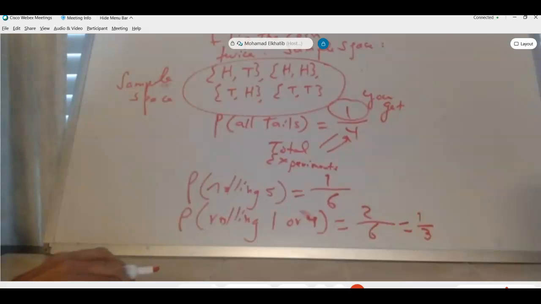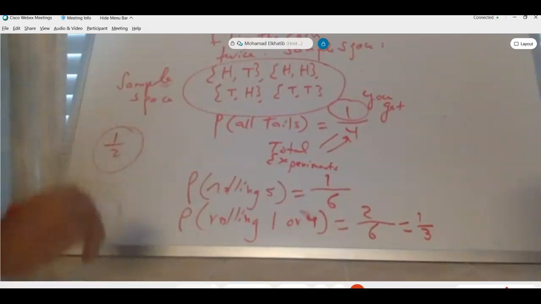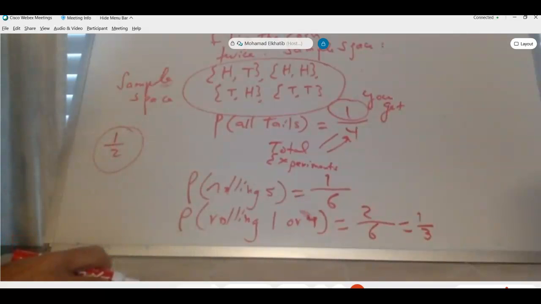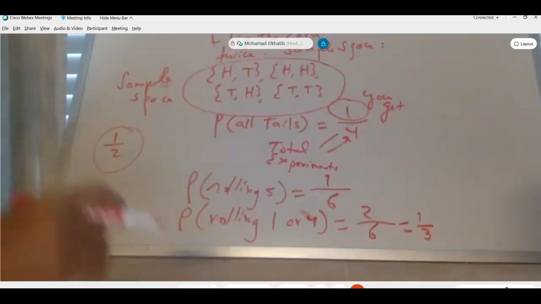Like, for example, let's say you flip the coin once. What's the chance of getting heads? 1 out of 2, right? What does that mean? If I flip the coin twice, one of them, I'm going to get heads. So the denominator is how many times you're going to do the experiment. The numerator is how many times you're going to get what you want.